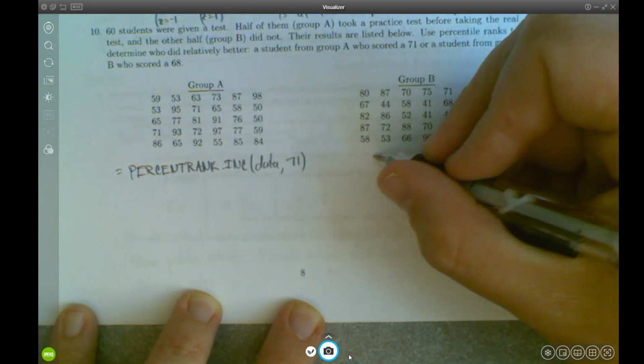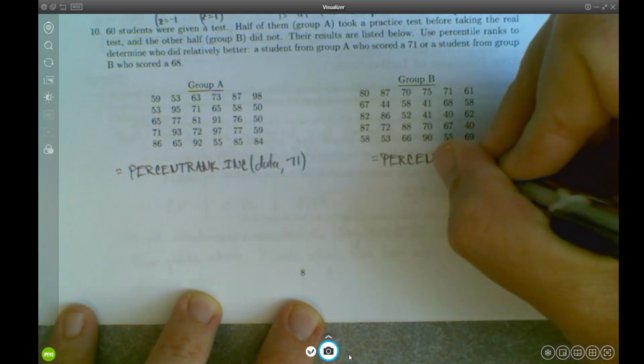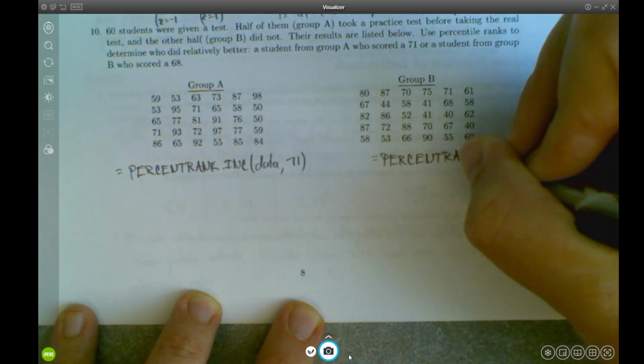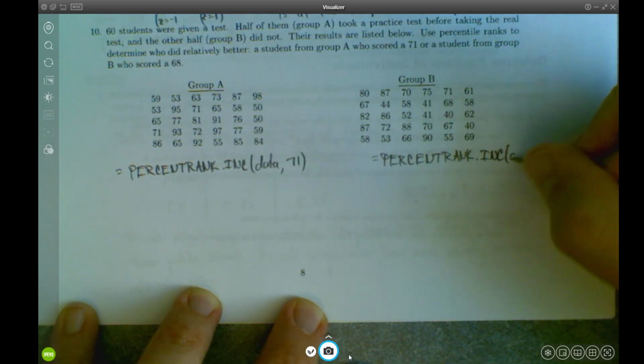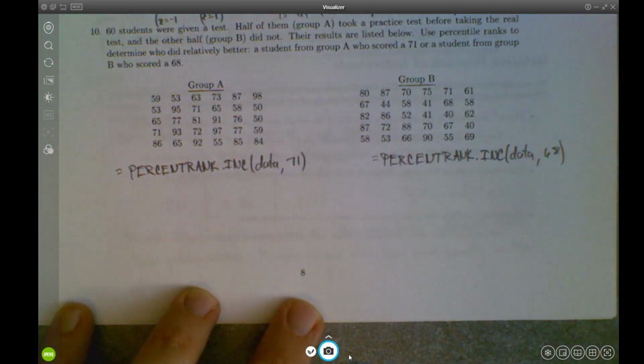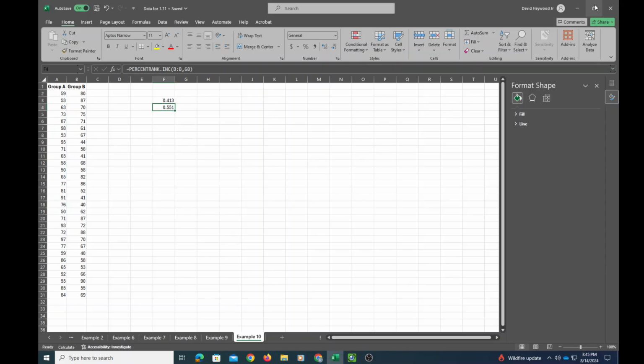For group B, we said equals PERCENTRANK.INC. We selected the data, and we entered a score of 68. And for group A, this came out to 0.413, and for group B, this came out to 0.551.